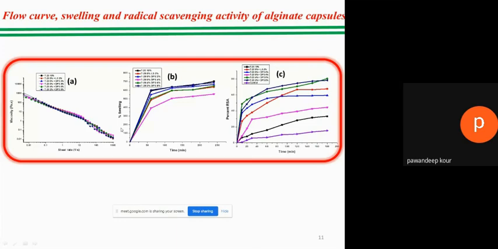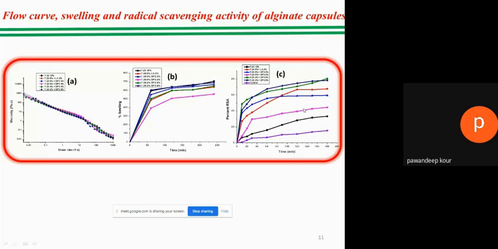From this graph, we can see that on immersing these capsules into the saline media, which has the physiological pH of our body fluids, the capsules swelled up, but they didn't dissolve. That is another good factor. And the third graph represents the percent RSA, that is percent radical scavenging activity. I told you initially that we used quercetin as an antioxidant in order to protect our LCPUFA against oxidation.